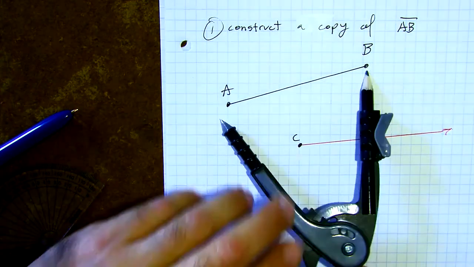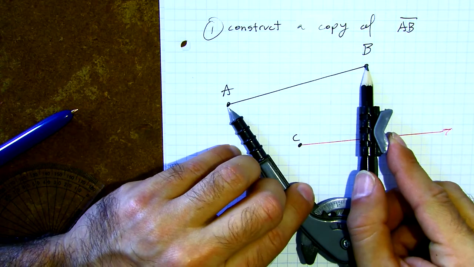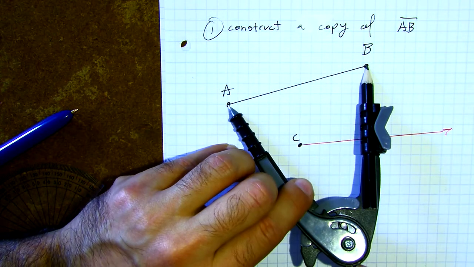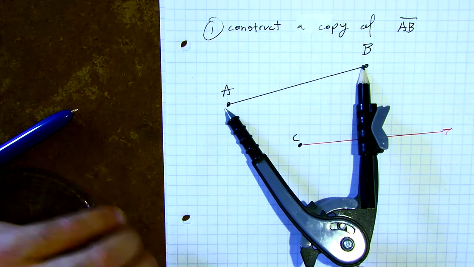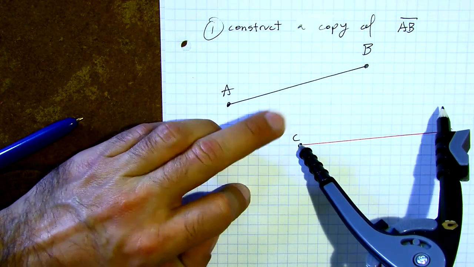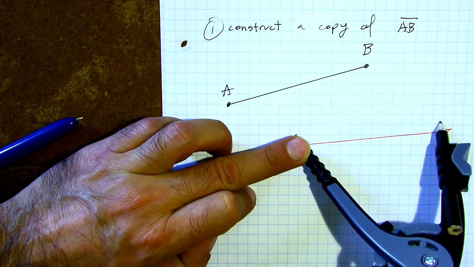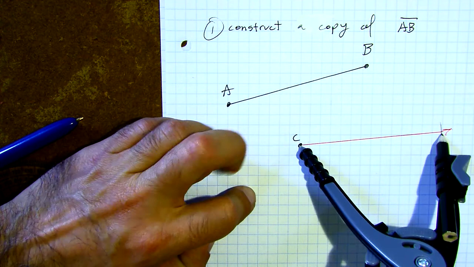Let's go ahead and open up the compass. So it's between A and B. Get as accurate as you can. That looks pretty good to me. And then what I'm going to do, put the spike on C, make an arc, just crossing the line. You don't need to make too big of an arc. We know it's just going to be that distance, you see?